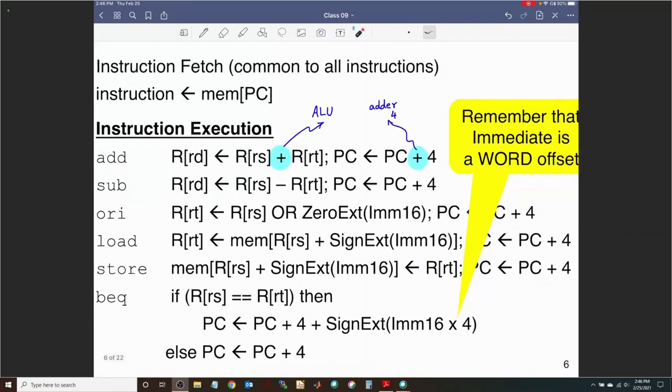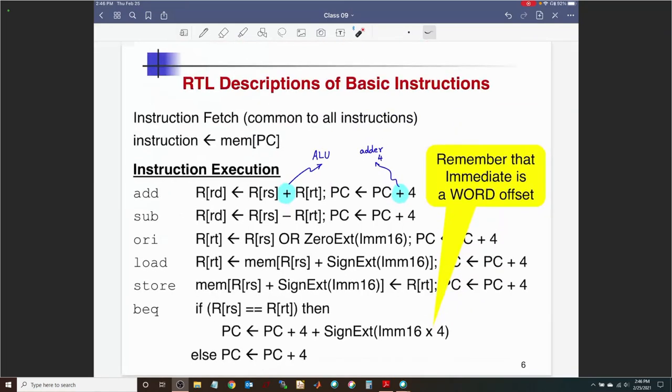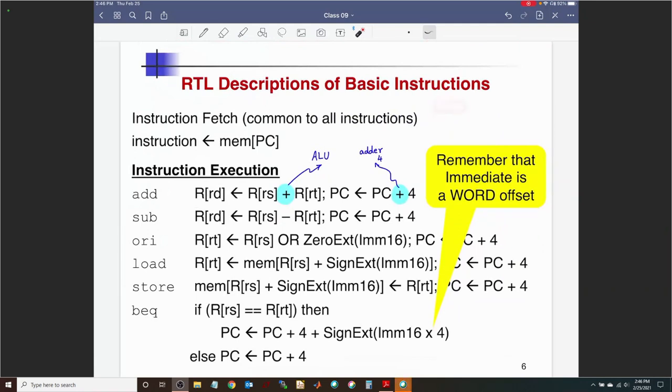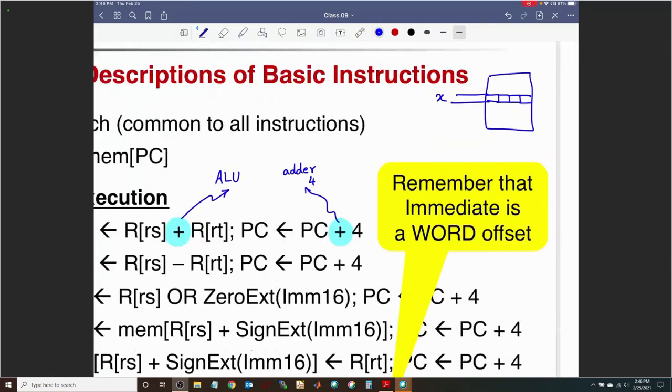Remember, PC is an address. So in order to point to the next address, I would need to add 4. Whatever address you have for a location, say over here, if this is X and there is 1 byte here, 1 byte here, another byte here, those are 4 bytes.